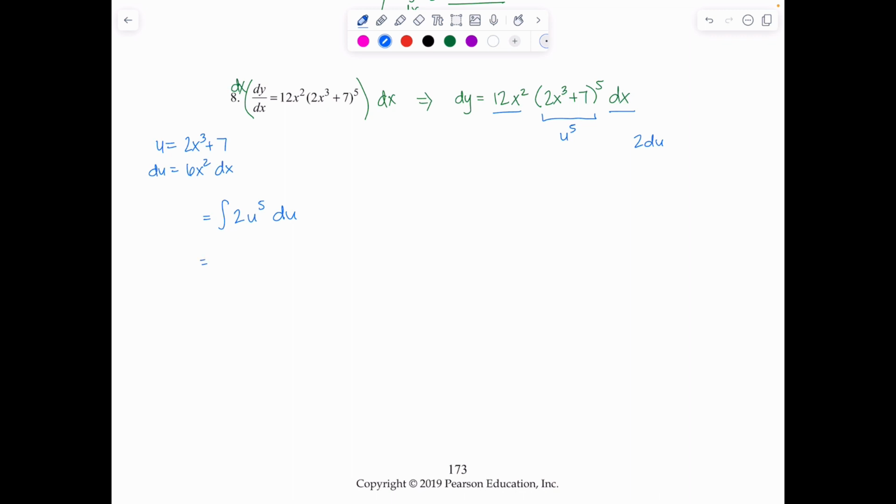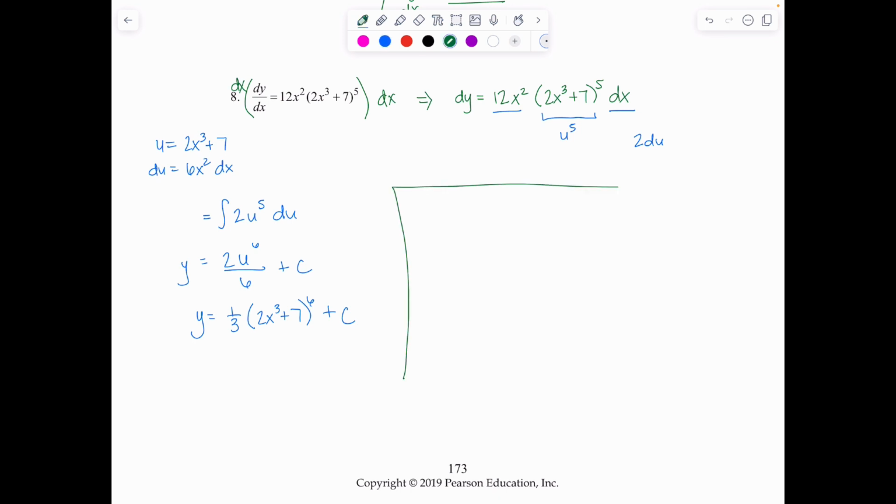Taking the integral, we'll have 2u to the 6th over 6 plus c. So, plugging back in, I'll reduce that to 1/3. U is 2x cubed plus 7 to the 6th plus c.